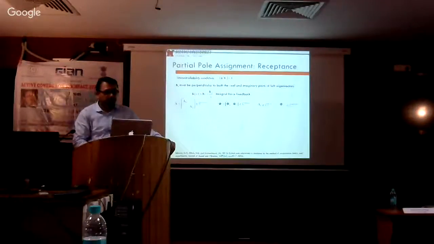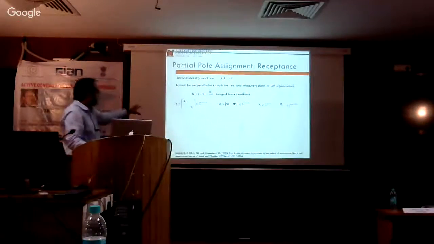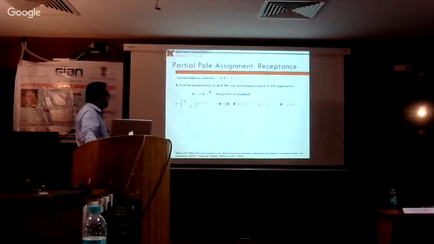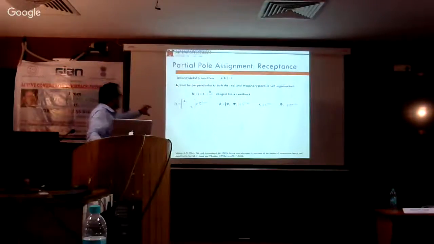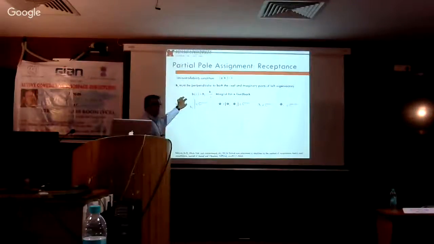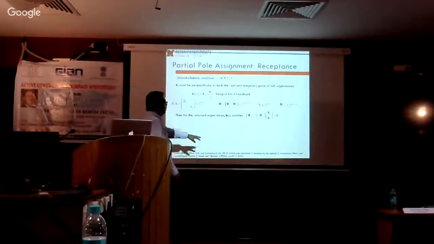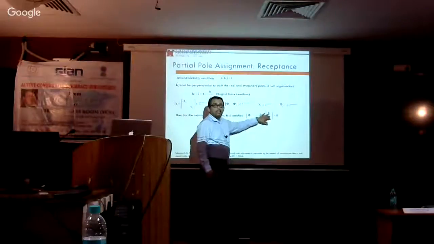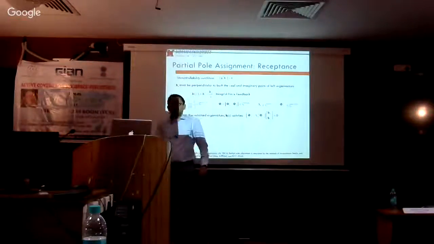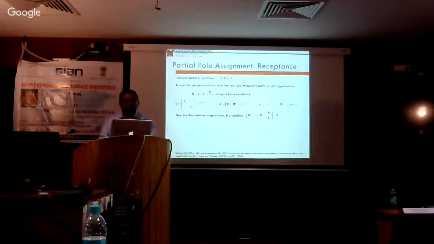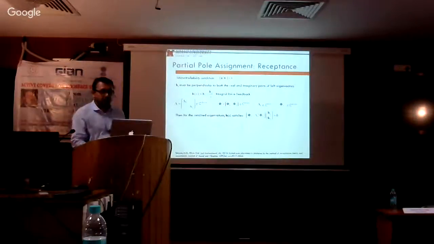mode shift. So if I separate my eigenvalues and eigenvectors into two terms, where sigma 1 is the poles we are placing and sigma 2 we want to remain invariant, then it will satisfy this equation, which is saying that it will make the system uncontrollable for those eigenvalues and corresponding eigenvectors.